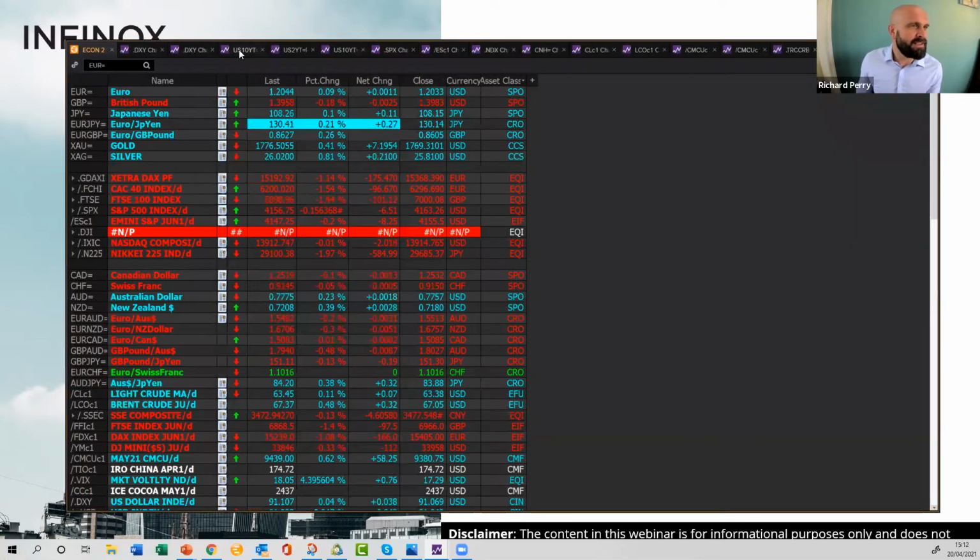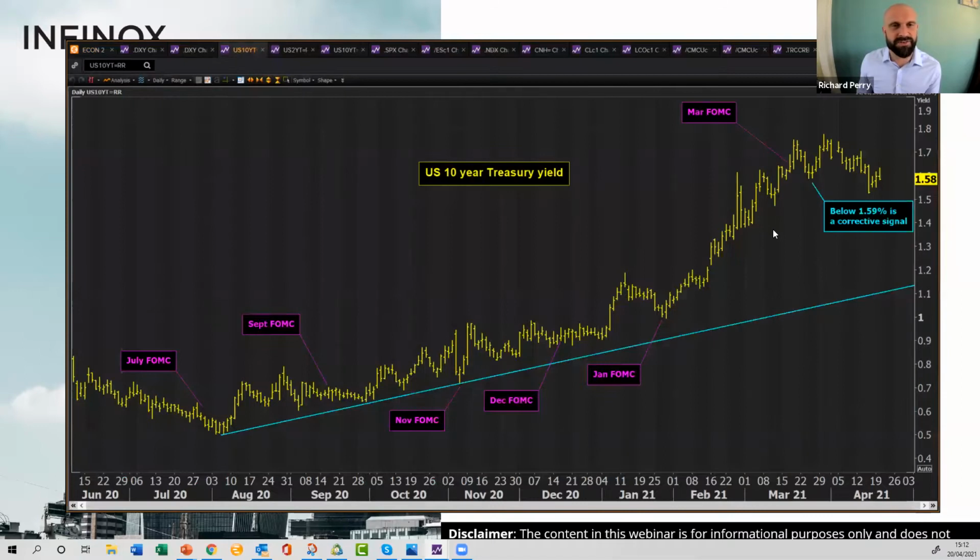But okay, so let's just have a look at this 10-year Treasury yield, which has fallen back throughout April. And having had that rally in yields rolling over, that has now questioned whether we've started to see, I think, yields turning into more of a ranging market.